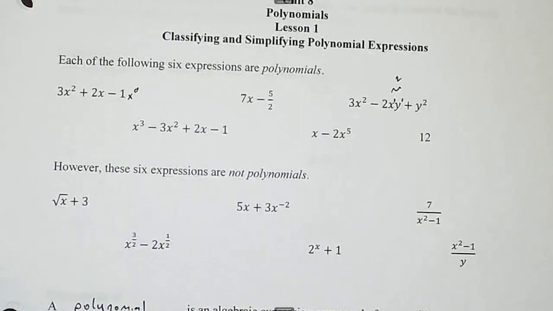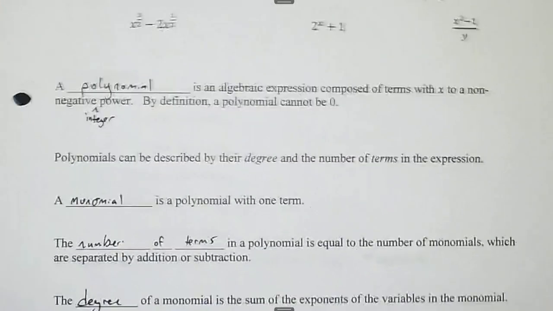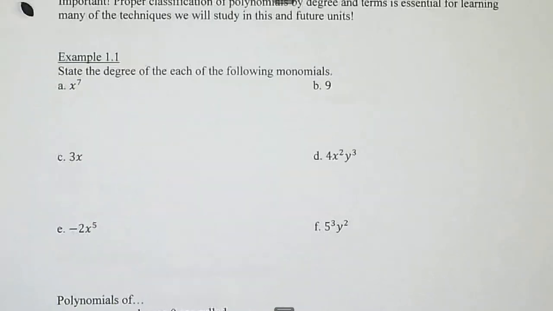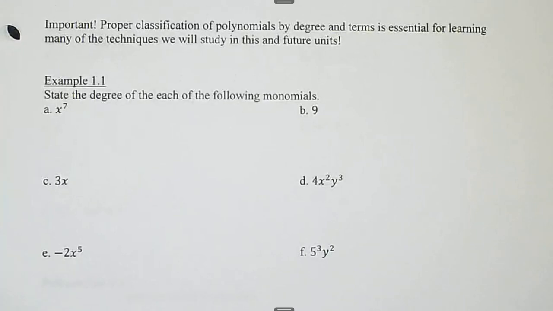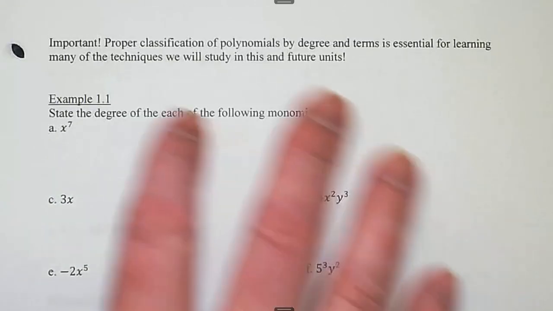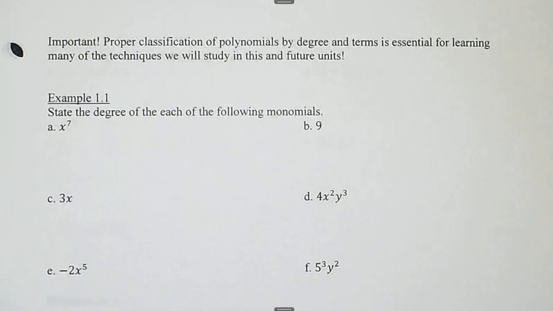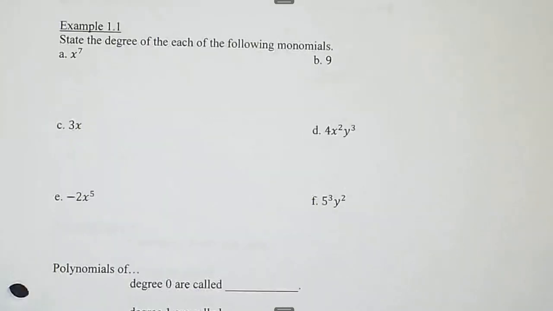And we'll do slightly different techniques sometimes depending on the degree. And that's just what we've been saying. And proper classification of polynomials by degree and terms is absolutely essential, because we'll use different techniques depending on the degree and the term.